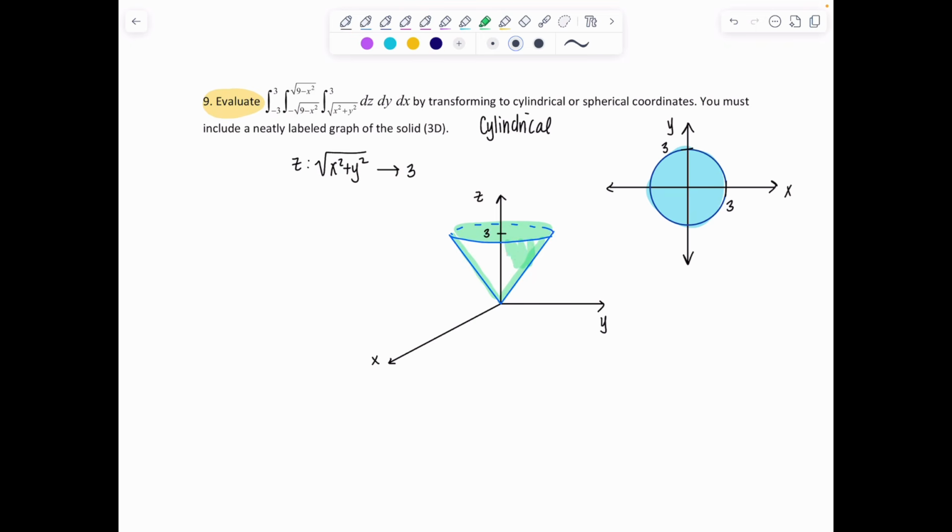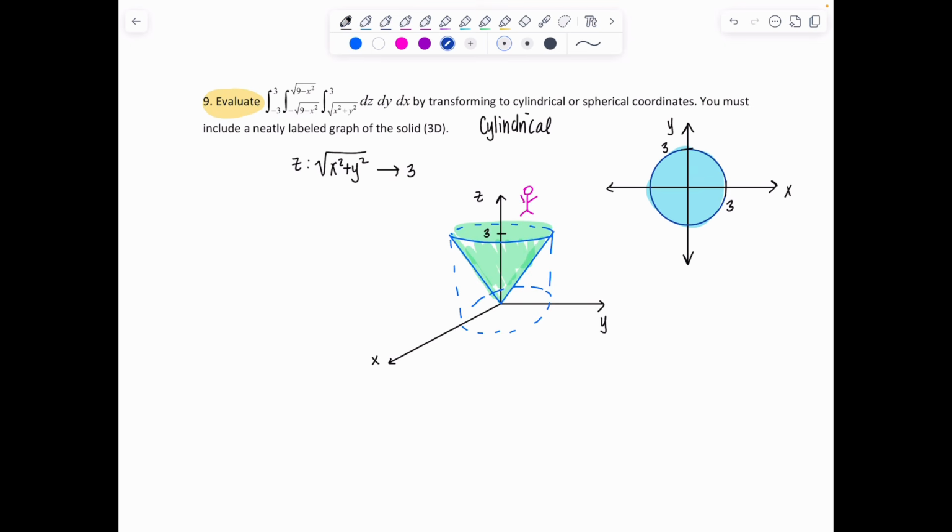And you could see this is the base region because pretend you're standing up here looking down. You would just see this circle outlined, right? Of radius 3 in the xy plane. Okay, that's not the actual physical base. That's just the region that you're integrating the solid over. The solid lives above that region.